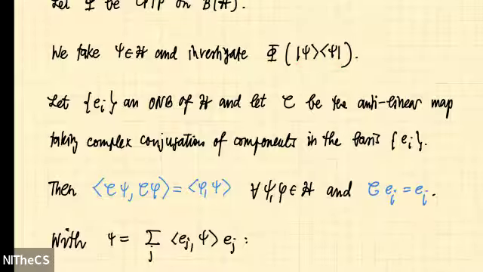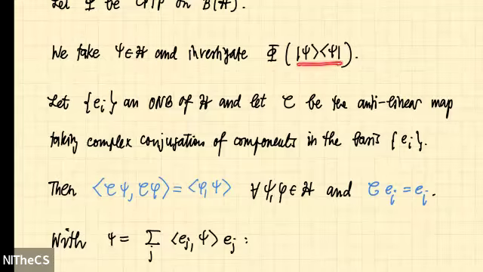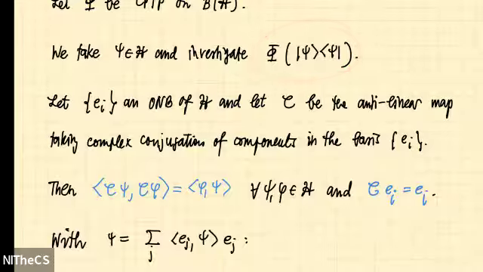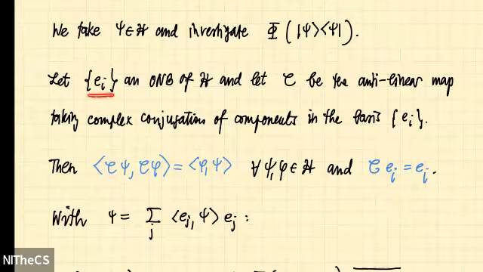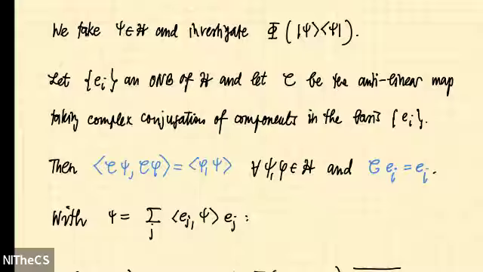So I take a vector psi in this Hilbert space, look at this rank 1 projection, and look at what I can say about phi applied to this. Okay, let's introduce an orthonormal basis, e_i, of this Hilbert space H. I think we're thinking of finite dimensions here for the moment.